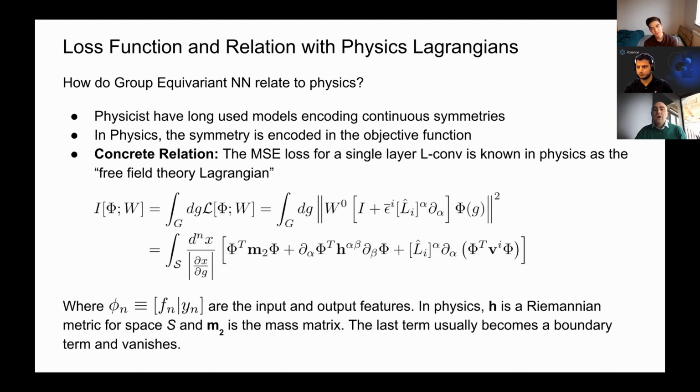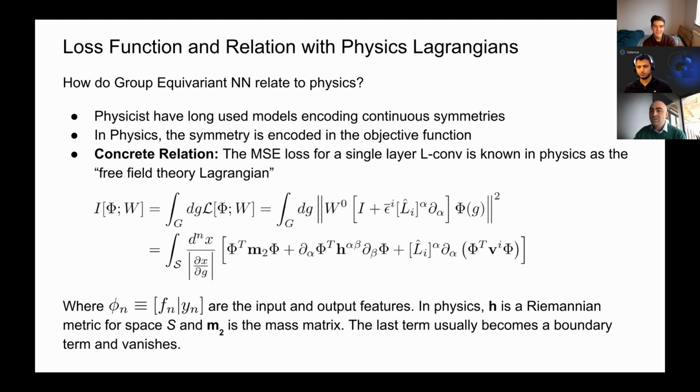So I basically said, okay, what if we take the architecture that we just built, write down the simplest loss function that you can for it, and see what it looks like compared with physics. And lo and behold, if you take a single layer L-Conv, the neural networks that we introduced, do a mean square error loss for that single layer in the simplest setting where you have just one input and no output.